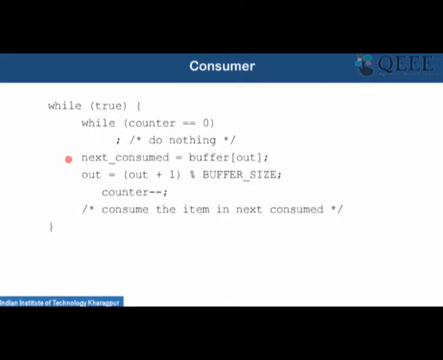In other cases, the consumer consumes the element from the buffer. You can think of it as a FIFO queue, first in first out. The consumer consumes from the head of the queue, whereas the producer puts the element at the end of the queue. The consumer takes the data out of the queue and decrements the counter value.